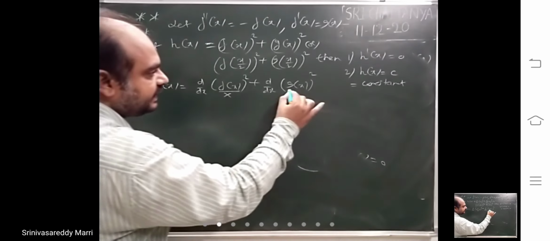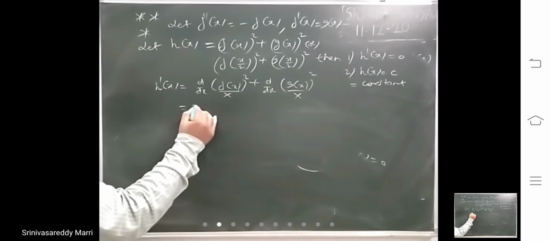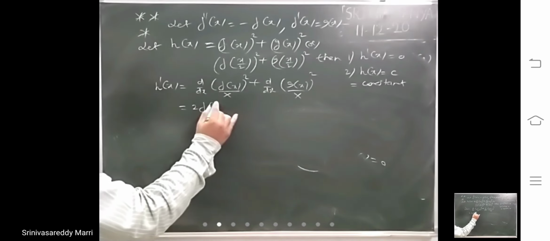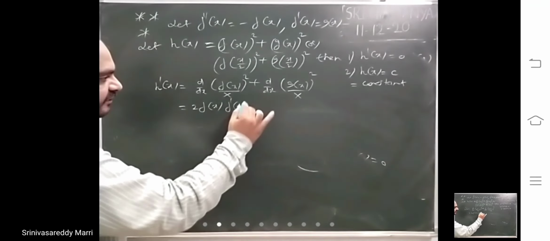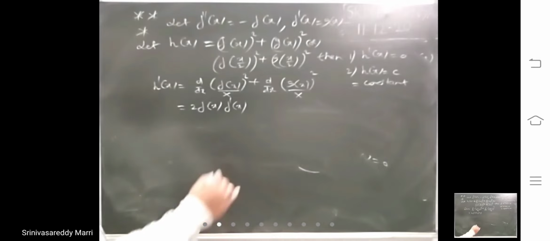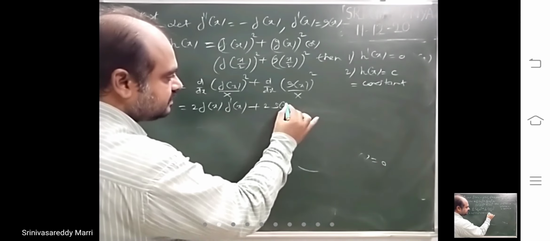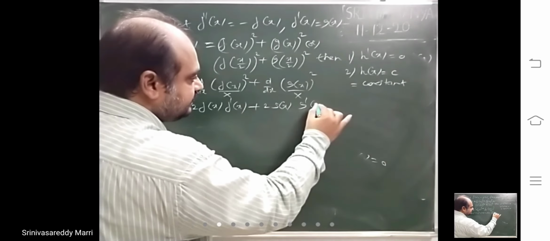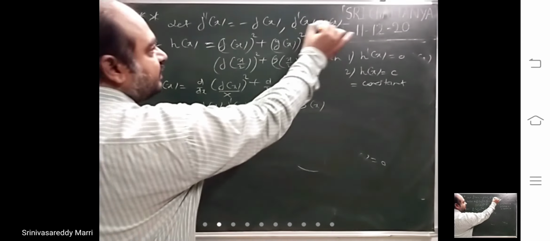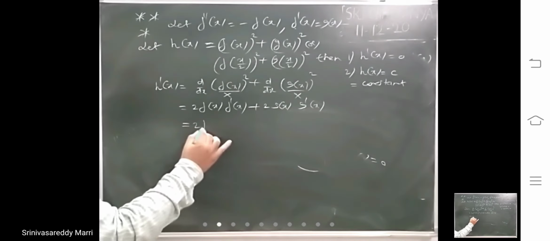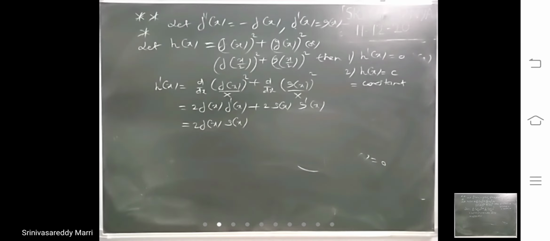Treat this as capital X. D by dx of X square is what? 2X into the derivative of capital X, that is f dash x. Plus 2g of x into g dash x, the derivative of capital X. Now f dash x is what over here? g of x.